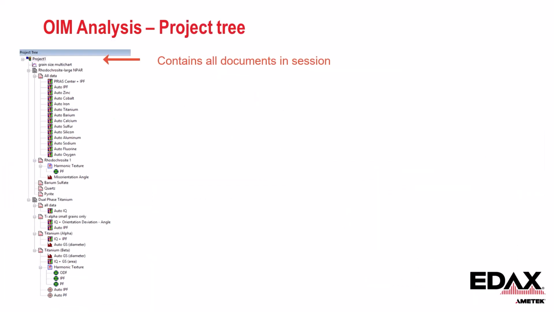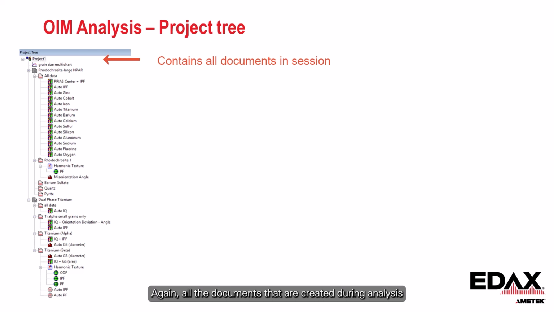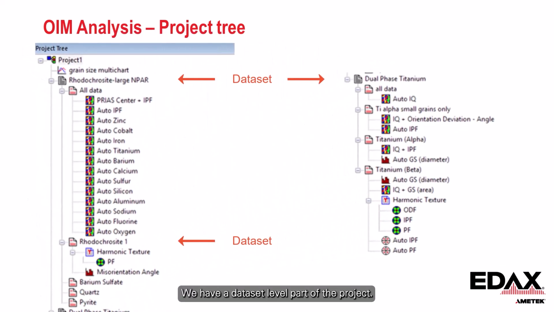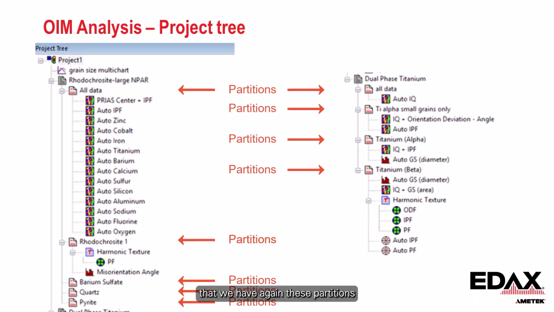If we look at this project tree to see the things that are in here, again, all the documents that are created during an analysis session are generated and organized in this project. We have a data set level part of the project. This is when we open a data set. This is what we see. That's the file name. And below that, we have, again, these partitions, the subset of the data that meet our described criteria.